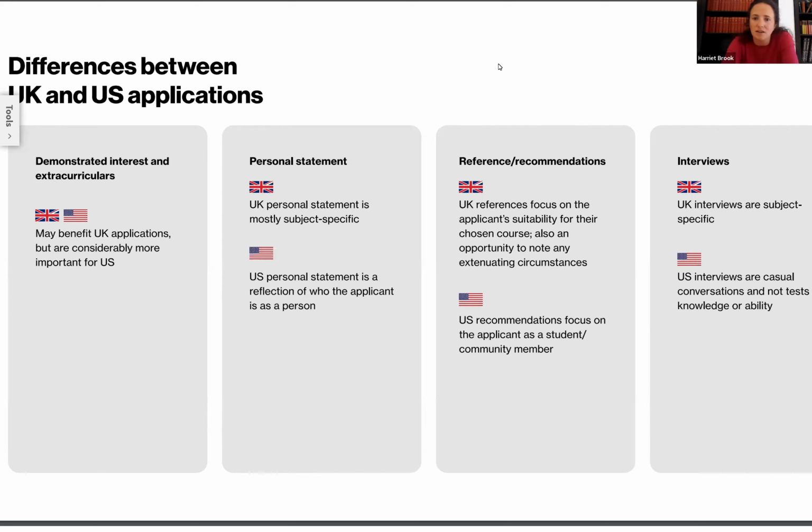Yeah. I think one point there is that it does note extenuating circumstances. That's another point where it's really important that the reference writer has a good understanding of the applicant and their history. That particularly applies to someone who has changed schools for sixth form. When you've changed schools for sixth form, the school hasn't had as much time, inevitably, to build that relationship with you.